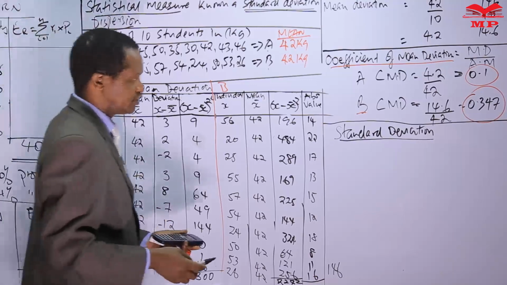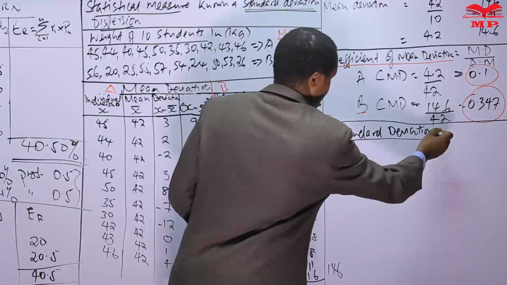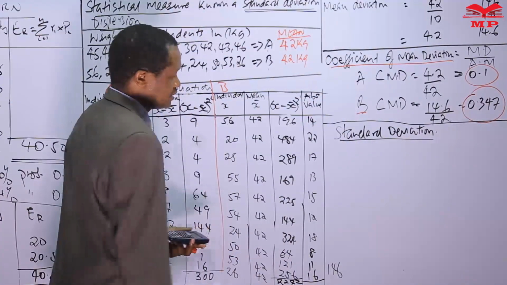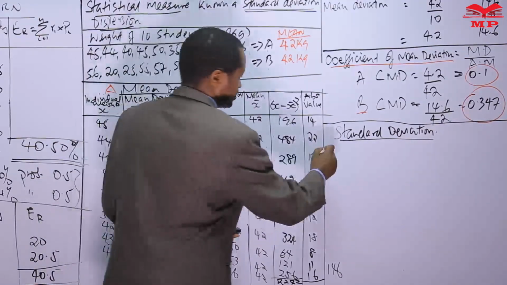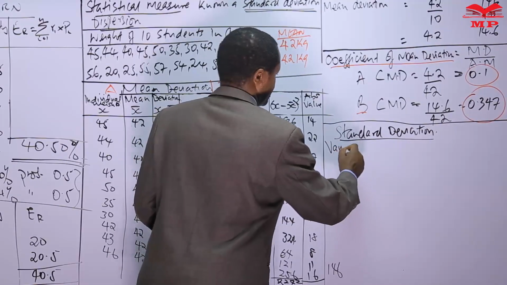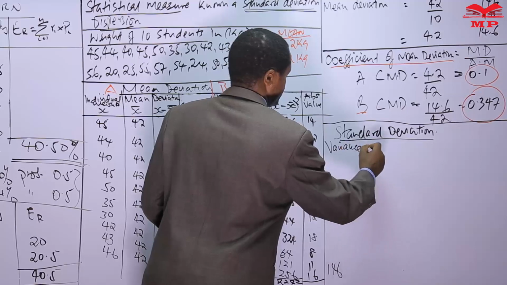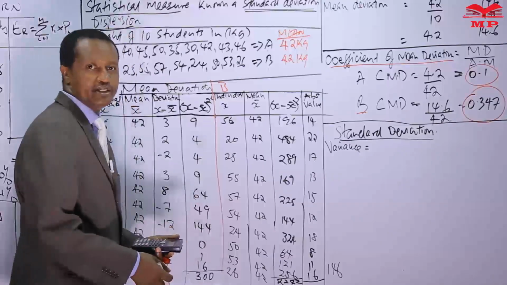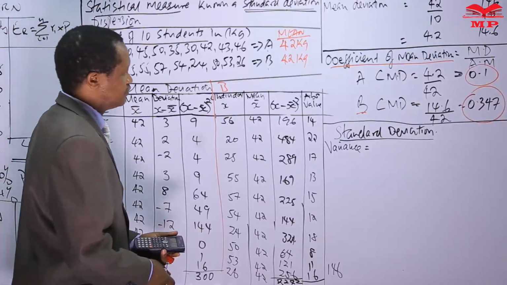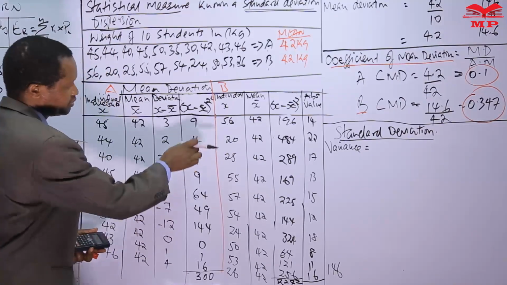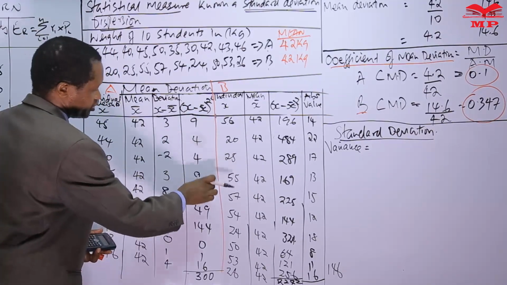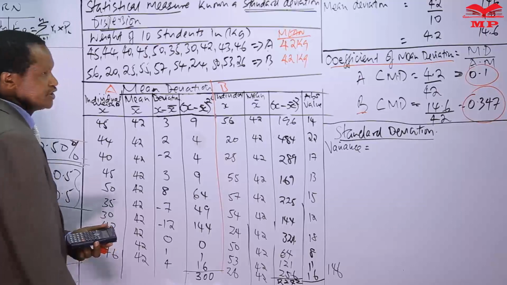Then, before we determine the standard deviation, we can first of all calculate the variance. Variance will be equal to the mean of the summation of the squared deviation.